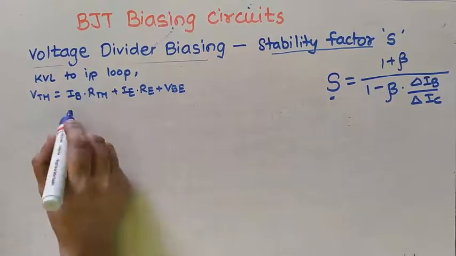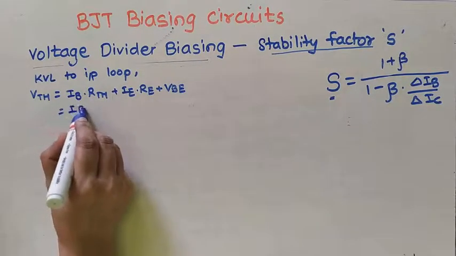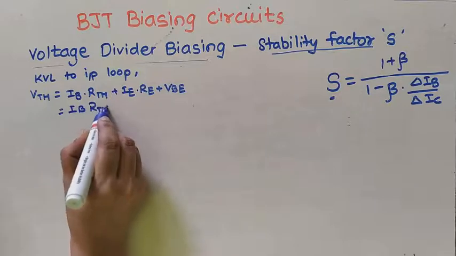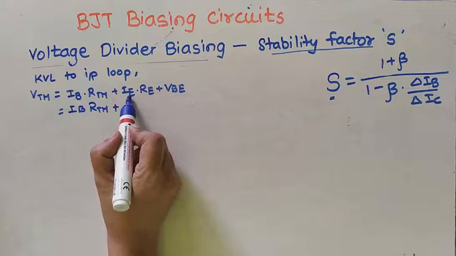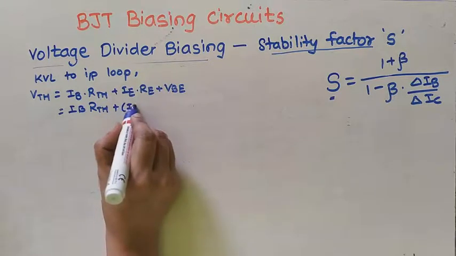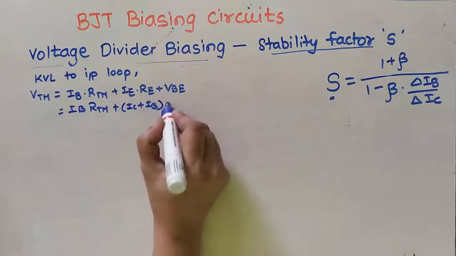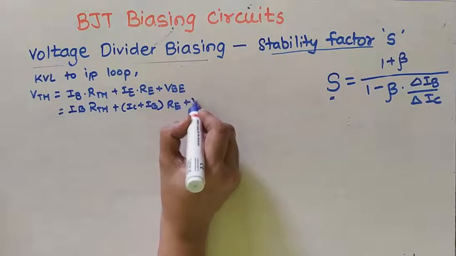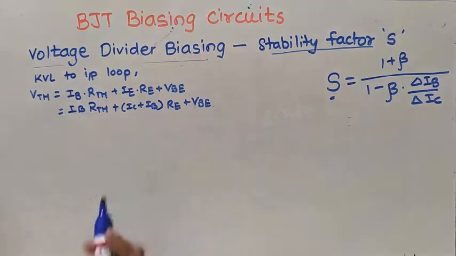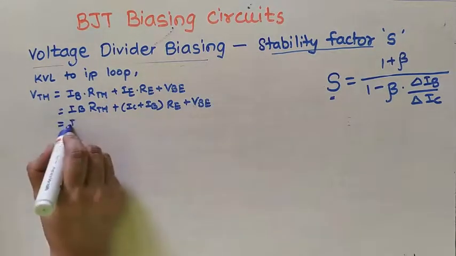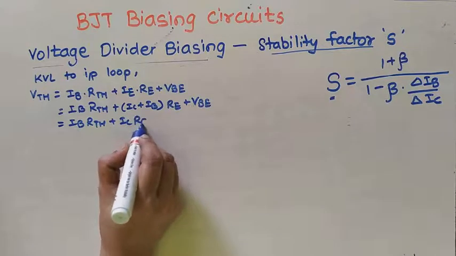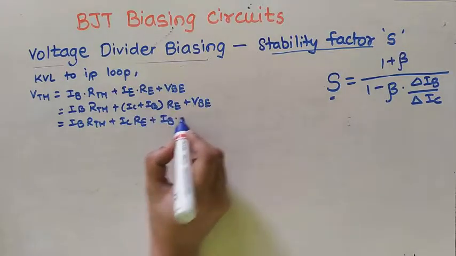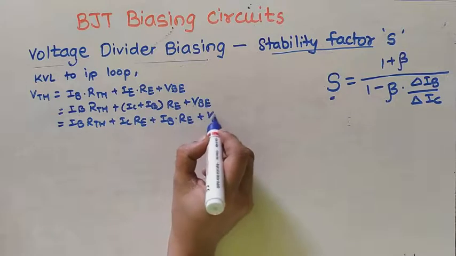That is IB into RTH plus IE, where IE is nothing but IC plus IB, so (IC plus IB) into RE plus VBE. So we write IB into RTH plus IC into RE plus IB into RE plus VBE.